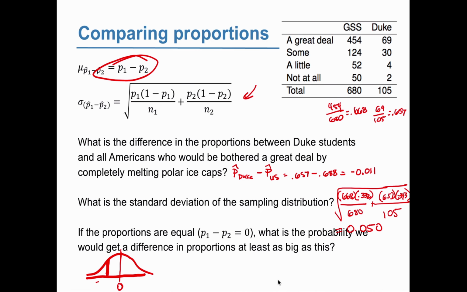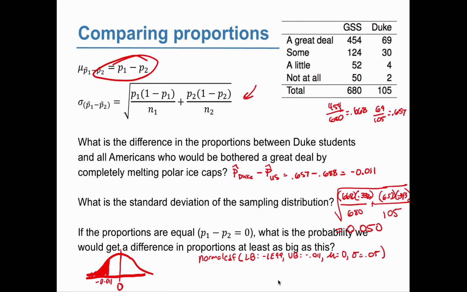And we want a difference that's at least as big as 0.011, which is this part of the distribution. So you could use your normal CDF with a lower bound of negative 1E99, an upper bound of negative 0.011, mean of 0, and a standard deviation of 0.05.